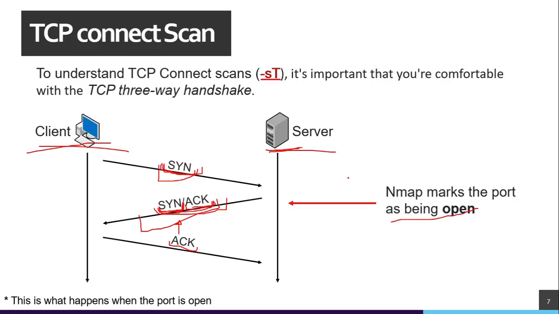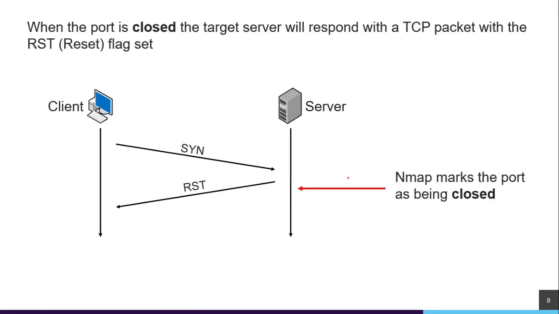But this is the scenario when the port is open. So what happens when we scan a service but the port is closed? When the port is closed, the target server will respond with a TCP packet with the RST, which is the reset flag set.